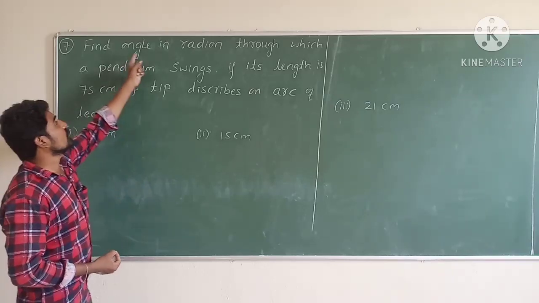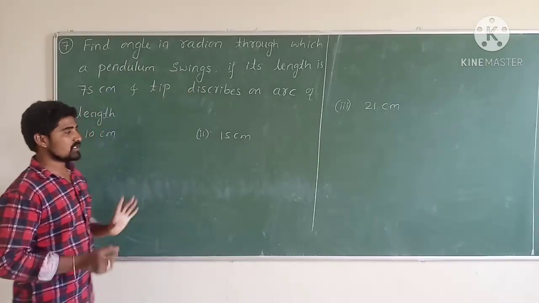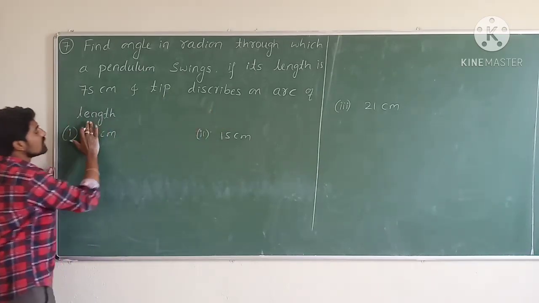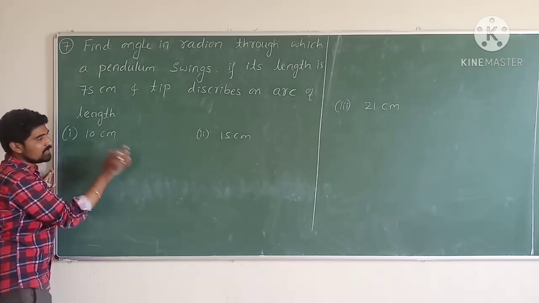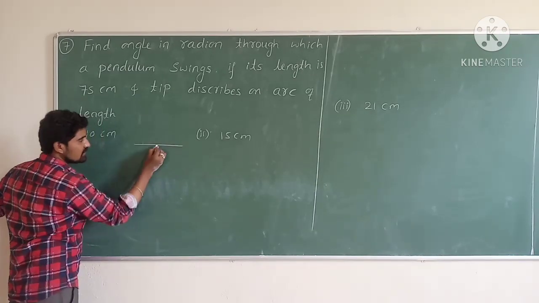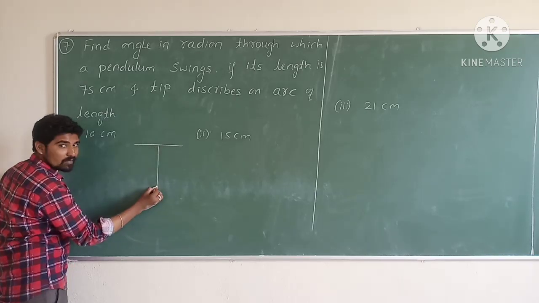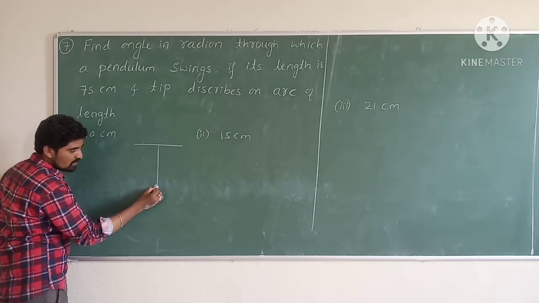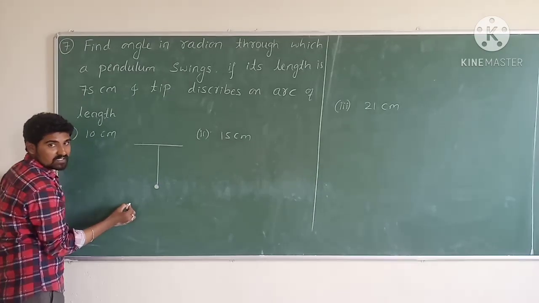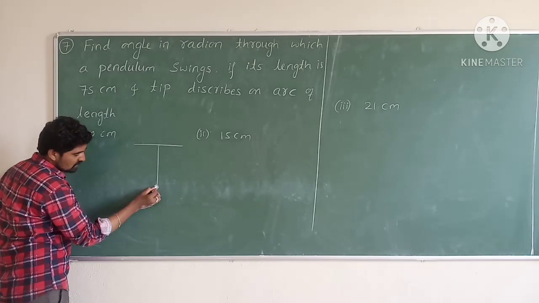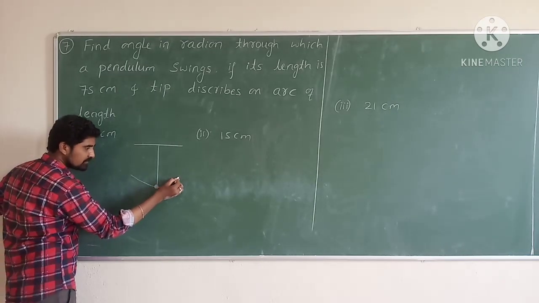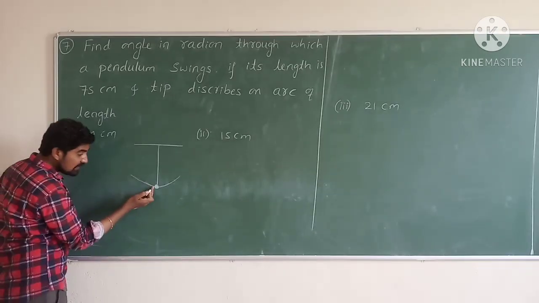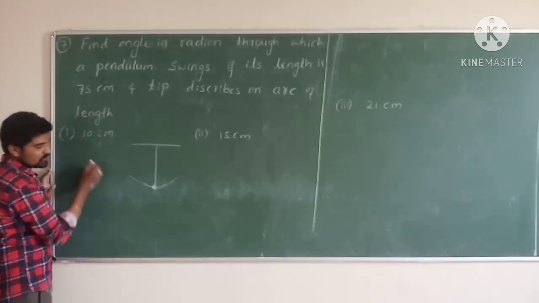Then we need to find out the value of the angle. Just observe here. First question, he has given that the tip describes an arc of length 10 centimeter. Let this be one pendulum consisting of one small rock-like structure, and if it swings from left to right, it forms an arc, and he has given that the arc length is 10 centimeter.